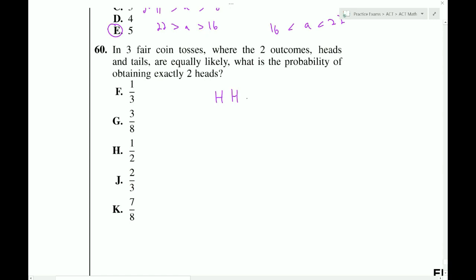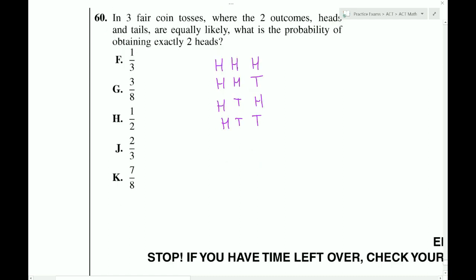You can start with all heads, then heads, heads, tails, heads, tails, heads, heads, tails, tails. Those are all the possibilities with heads in the leading position. Then you could go tails, heads, heads, tails, heads, tails, tails, tails, heads, tails, tails, tails.